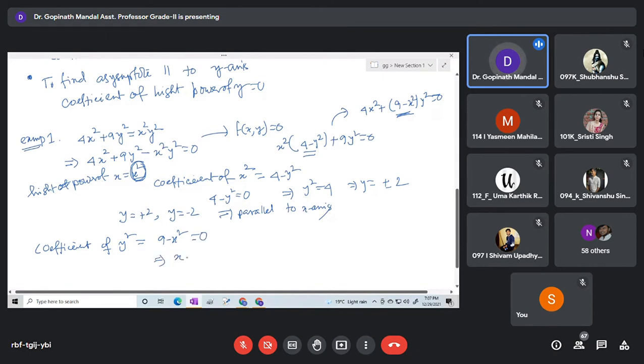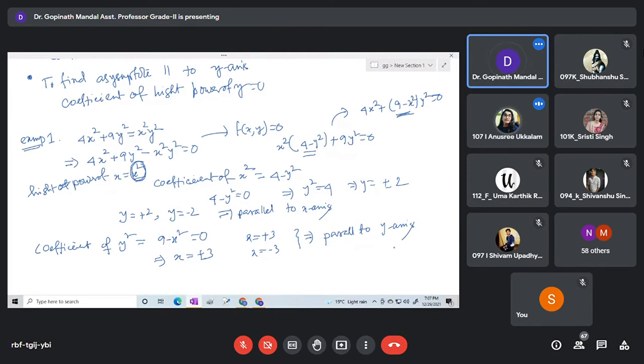This implies x = ±3. So x = 3 and x = −3 are our asymptotes parallel to the y-axis. Okay, now this is our method to find them.